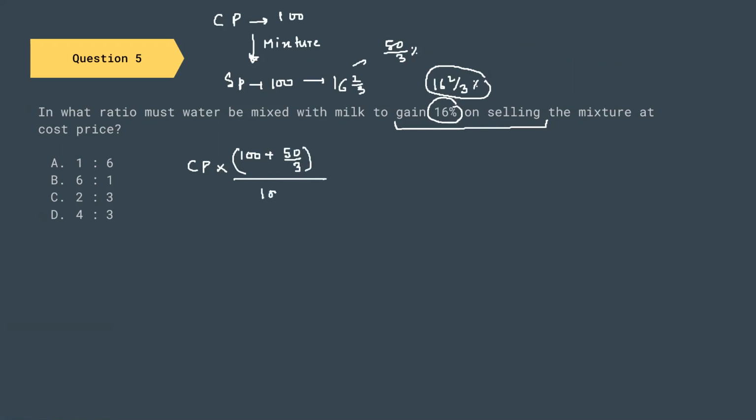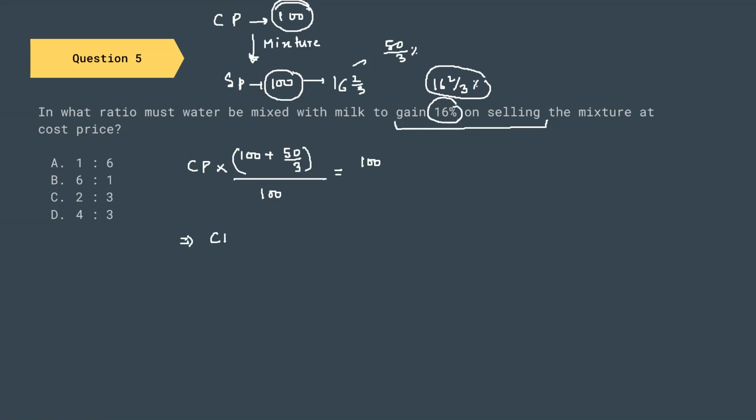Profit of 50/3 percentage means (100 + 50/3) divided by 100 is equal to, I can say that it is 100, because I have assumed that the cost price or the selling price is 100 rupees. That is equal to the cost price of the milk. Now let us try to simplify this one.